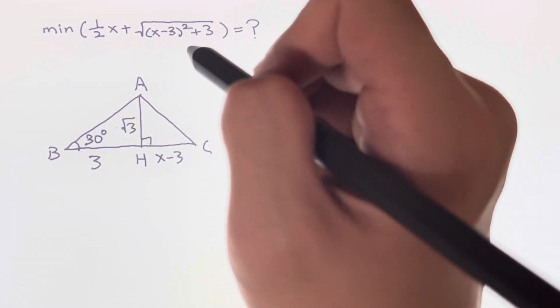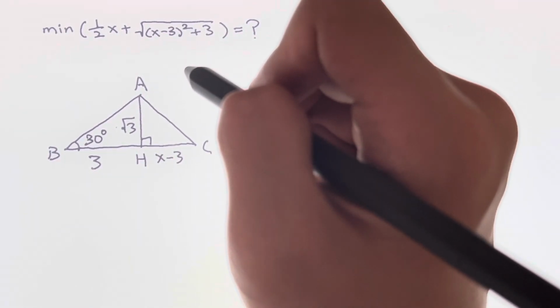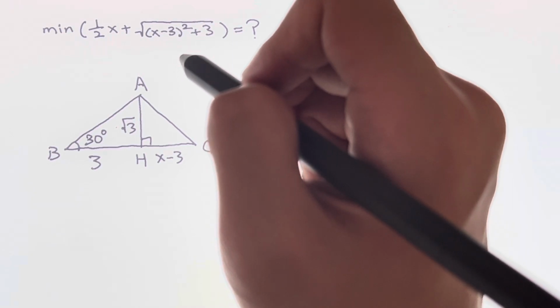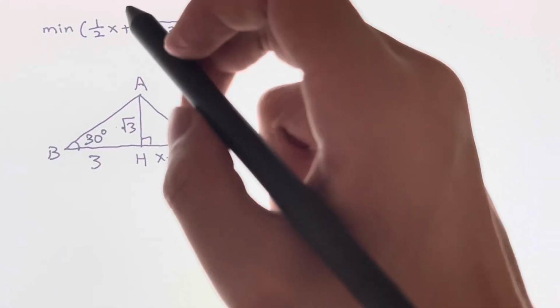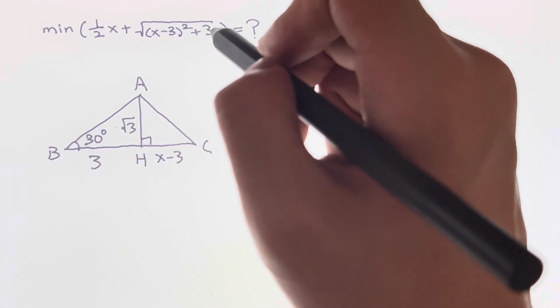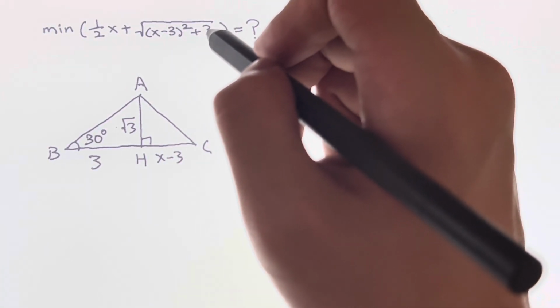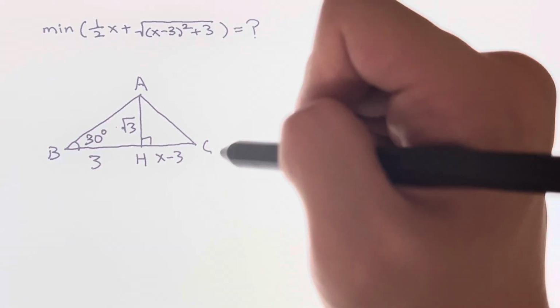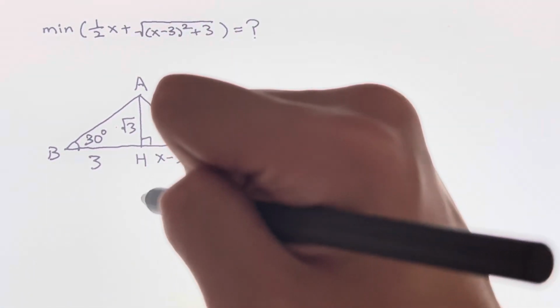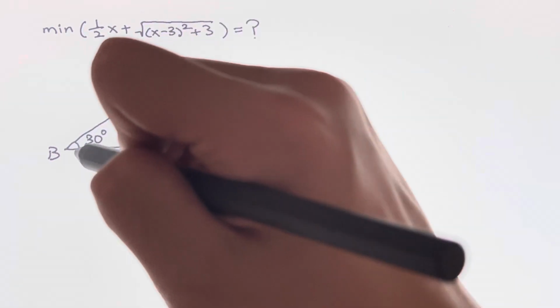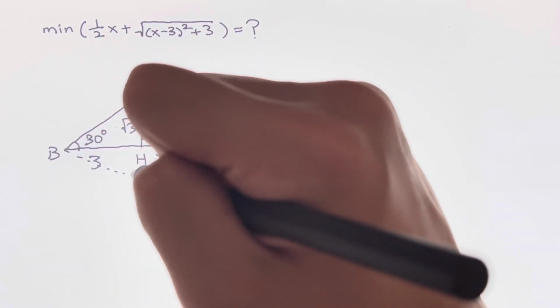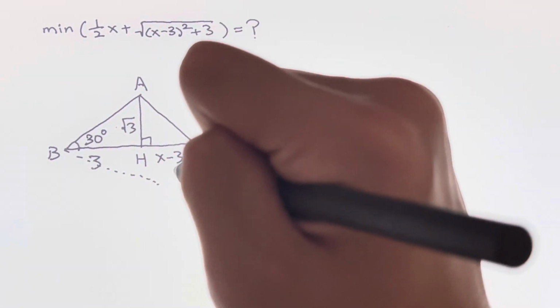And now, how do we get a 1/2 x? Because we already know that AC will equal the square root of (x minus 3) squared plus 3. To get the 1/2 x, since BC equals x, we can just use another 30, 60, 90 right triangle. So we can let this also equal 30 degrees.